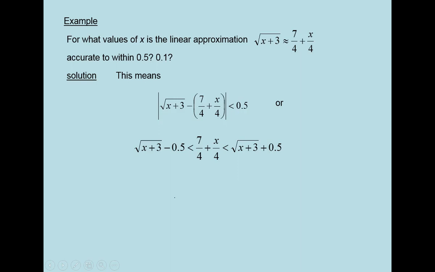Y sub 2, we could plug in the equation of the line, 7/4 plus x divided by 4. Y sub 3, we could plug in the square root of x plus 3 plus 0.5. And then we want to see where the line is between these two outside functions.